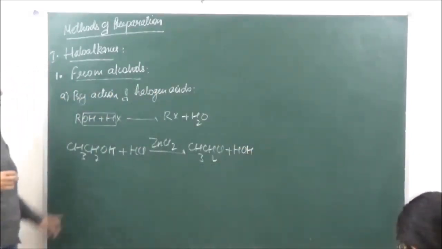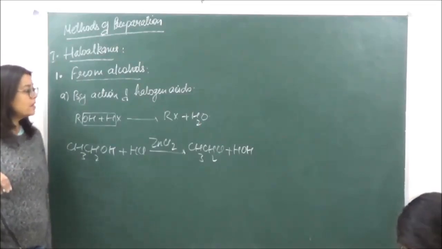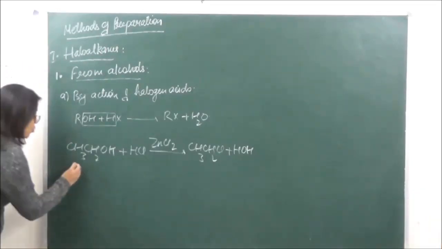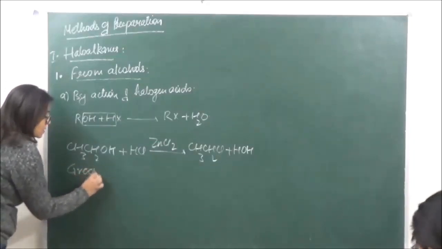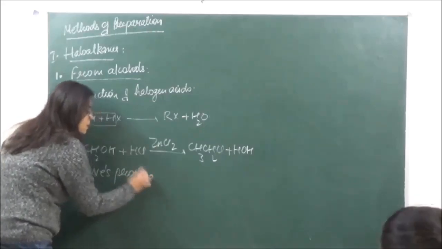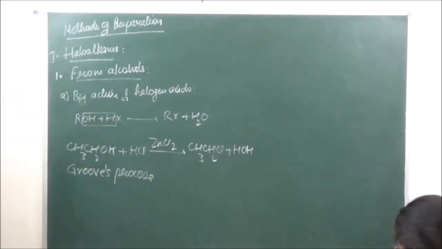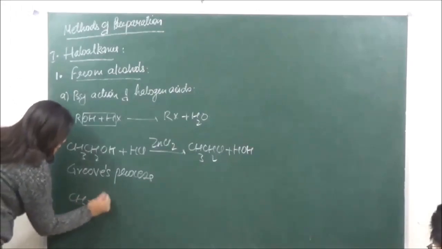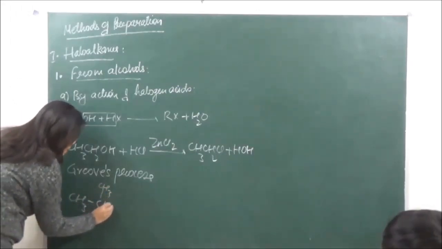Now this process of converting the primary alcohols into haloalkanes is known as Groves process.